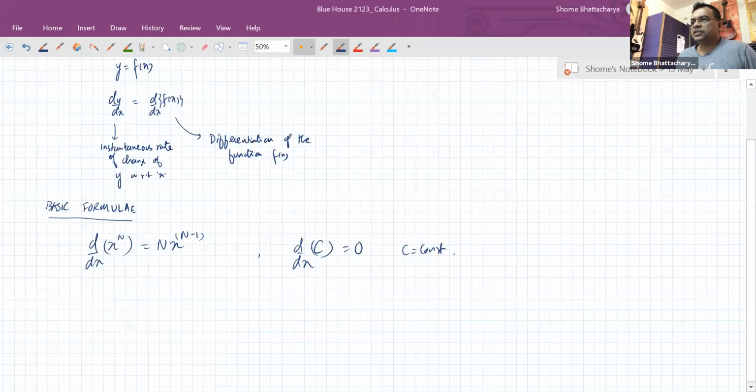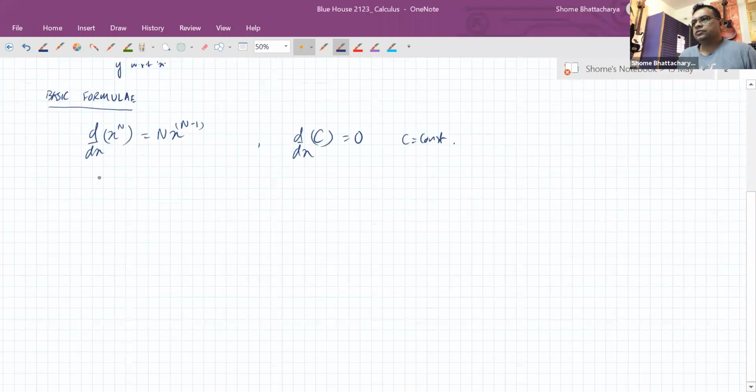All right, and then we had seen a couple of properties of differentiation. That if we are differentiating a constant multiplied by a function, that becomes the constant times differentiation of the function.